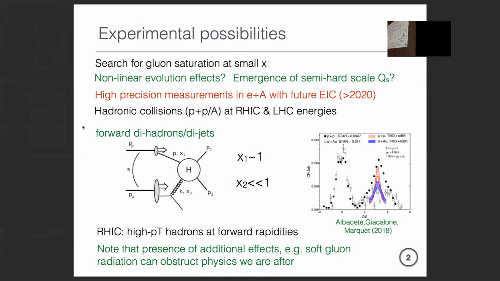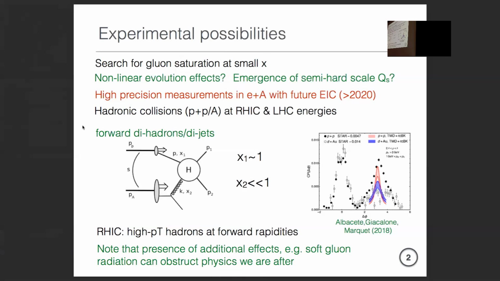One of the interesting processes where we can probe small x dynamics is the forward production of dihadrons or dijets. So the process I'll be looking at is a proton colliding with a nucleus. We look forward, in the proton-going direction, and produce two particles.